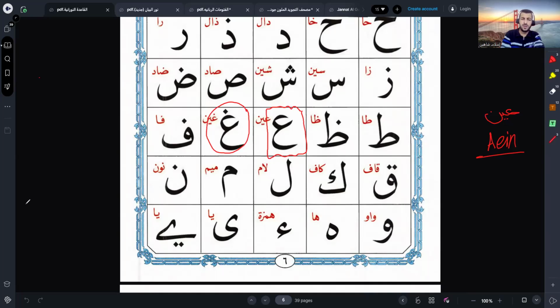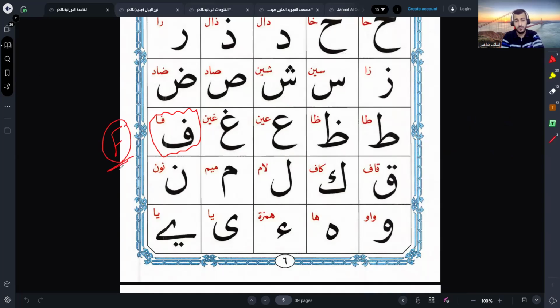Ghain is close to the sound of Kha, and they have the same point of articulation too. It is like a Scottish sound, or to be more precise, like that. Then the one we have here, Fa, is literally the same as F in English. So again, the letter is Fa.